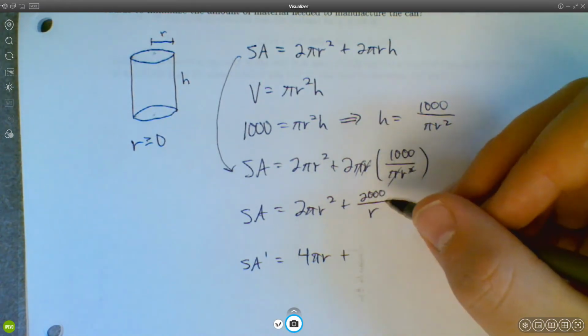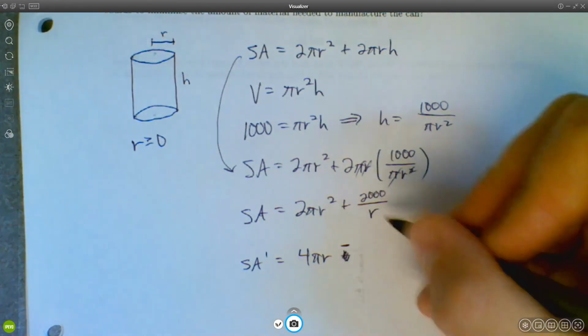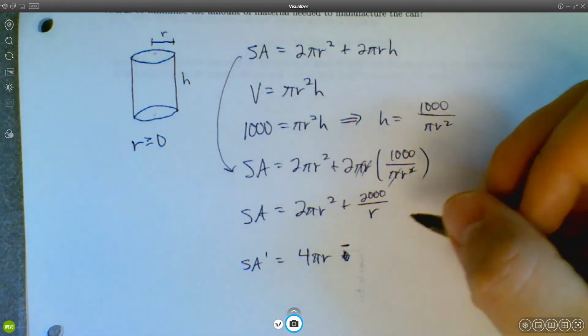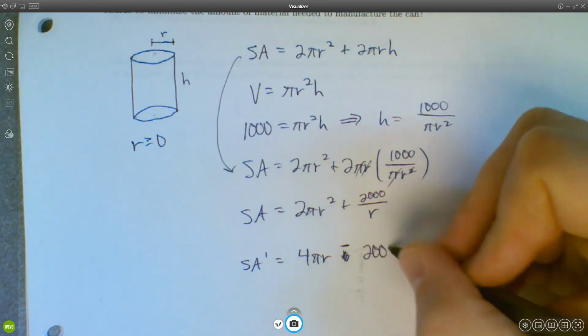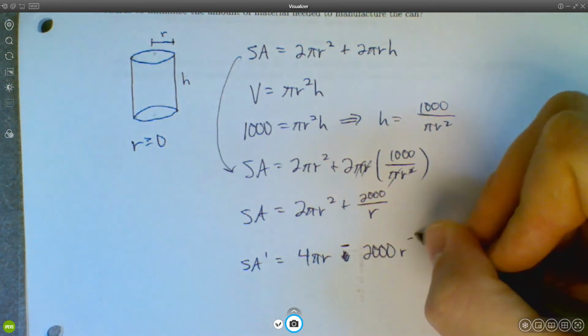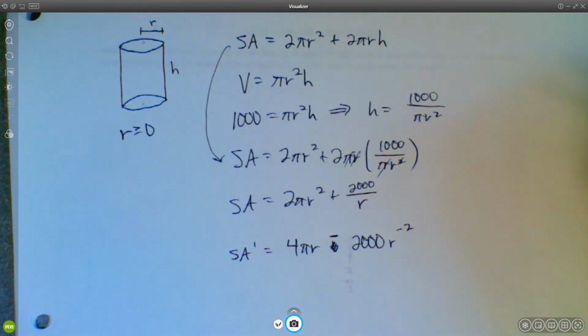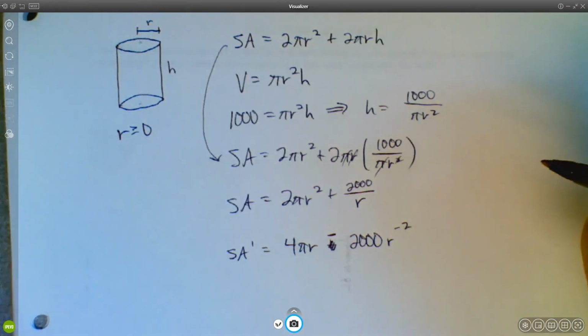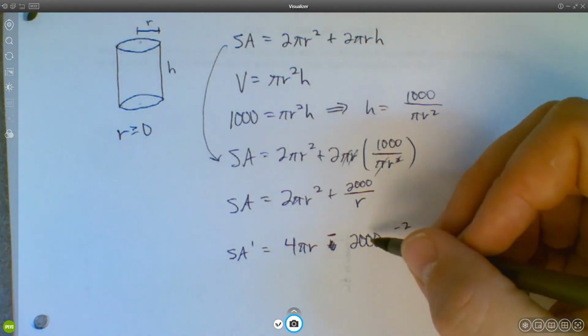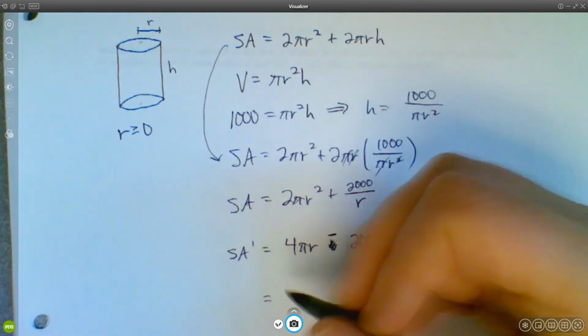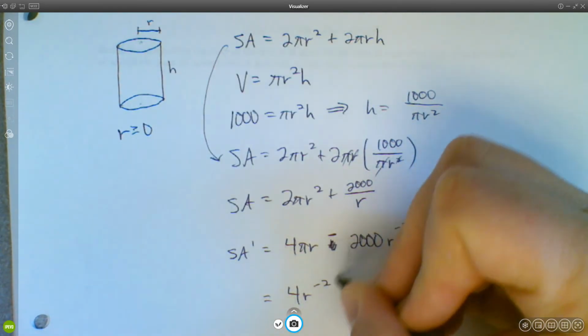This is 2,000, oh, I should have said minus, right? Because it's 2,000 times r to the negative 1. So that's going to be negative 2,000 times r to the negative 2. I'm going to factor out an r to the negative 2. Maybe I'll factor out a 4. R to the negative 2.